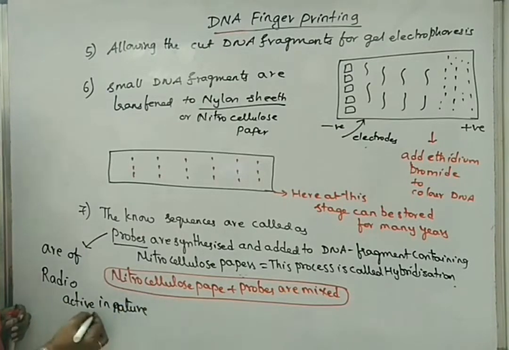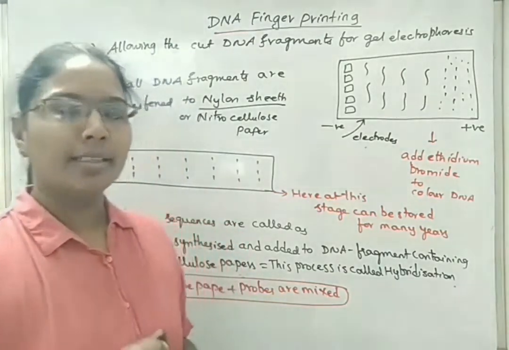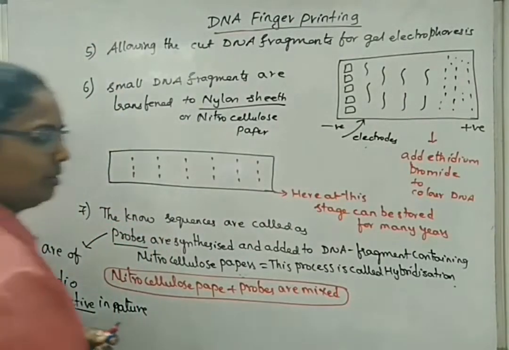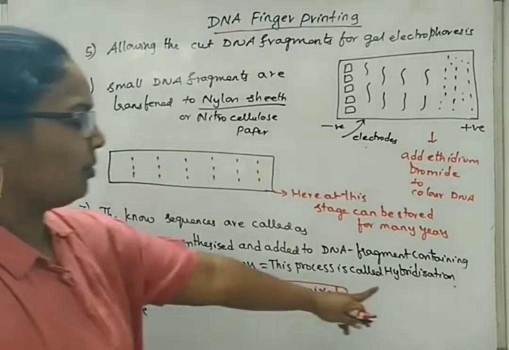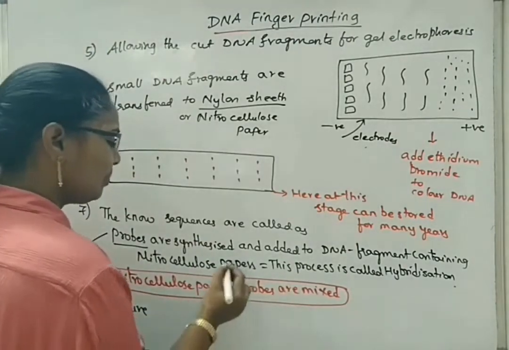What is meant by radioactive in nature? When we expose them to a fluorescent light or UV light, they will appear in different colors. So we have come to the hybridization method in which nitrocellulose papers are added with the probes.